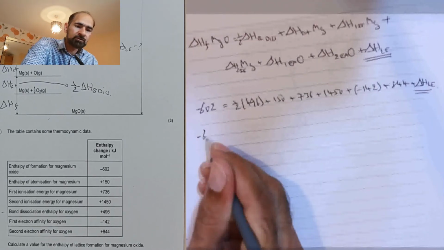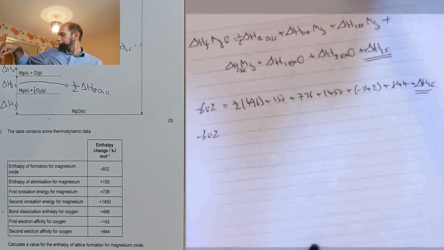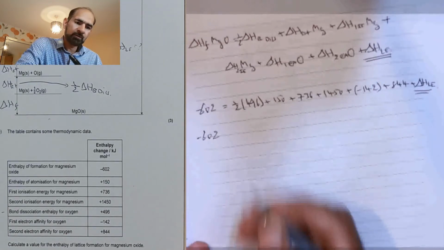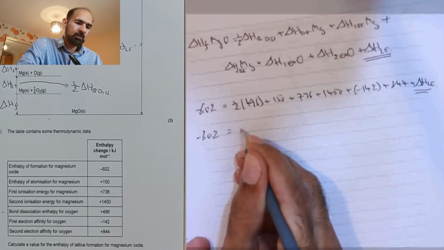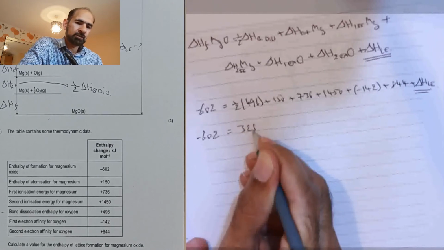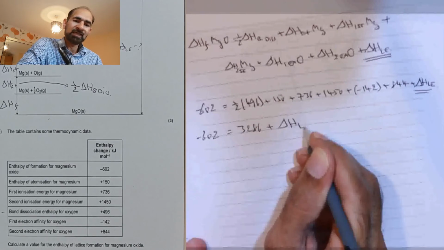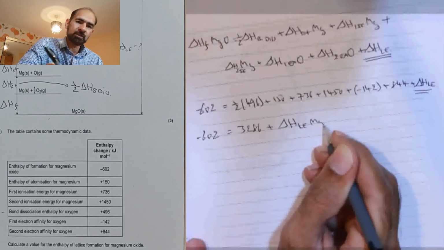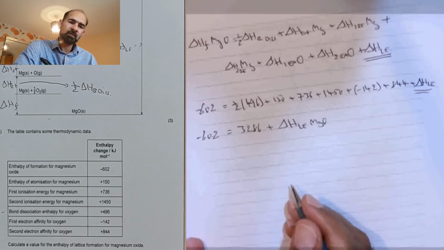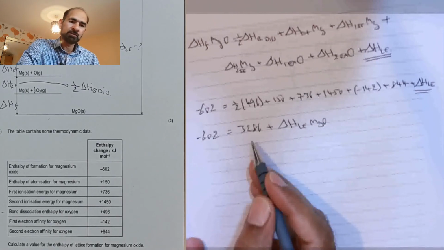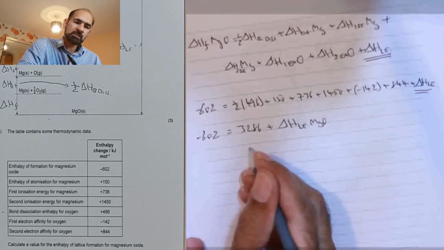So minus 602 equals 3286 plus your lattice enthalpy of magnesium oxide. Okay, and now what I need to do is move that across.